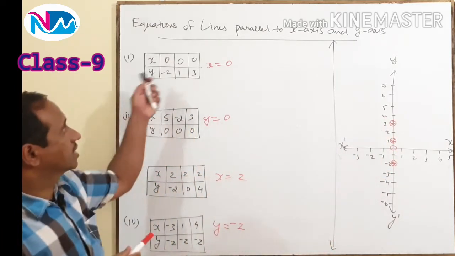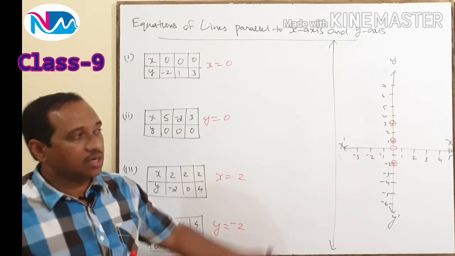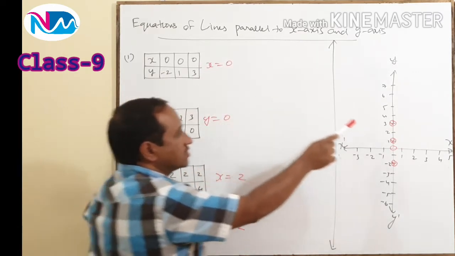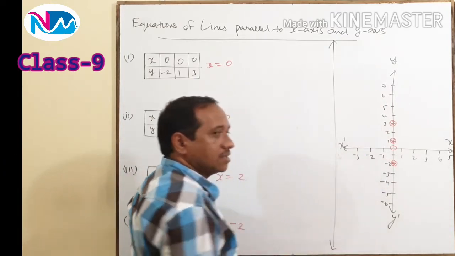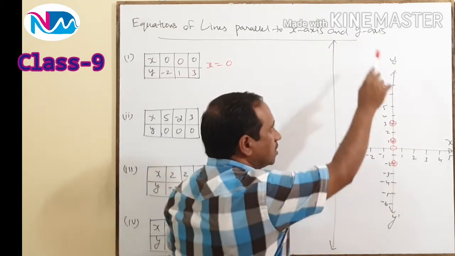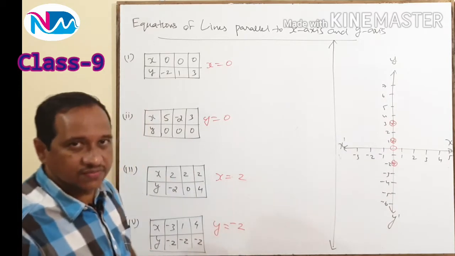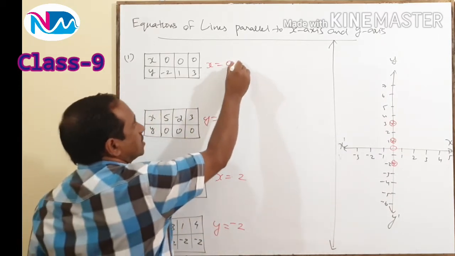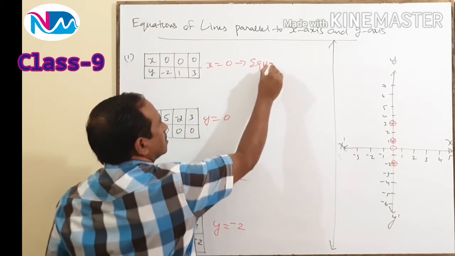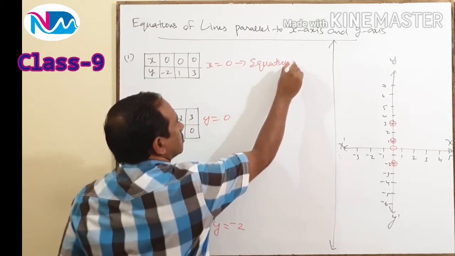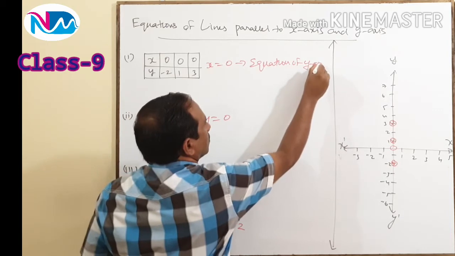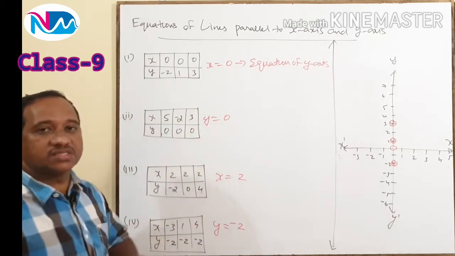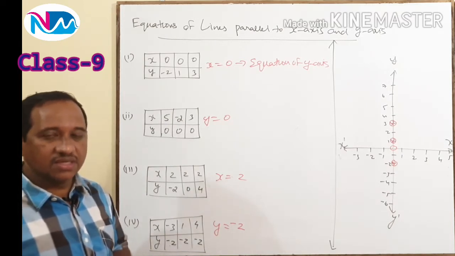Here all the x coordinates are 0, so they are on the y-axis. And if you plot these points in a Cartesian plane and you join, you get the y-axis. Therefore, we can say that x is equal to 0 is the equation of the y-axis.